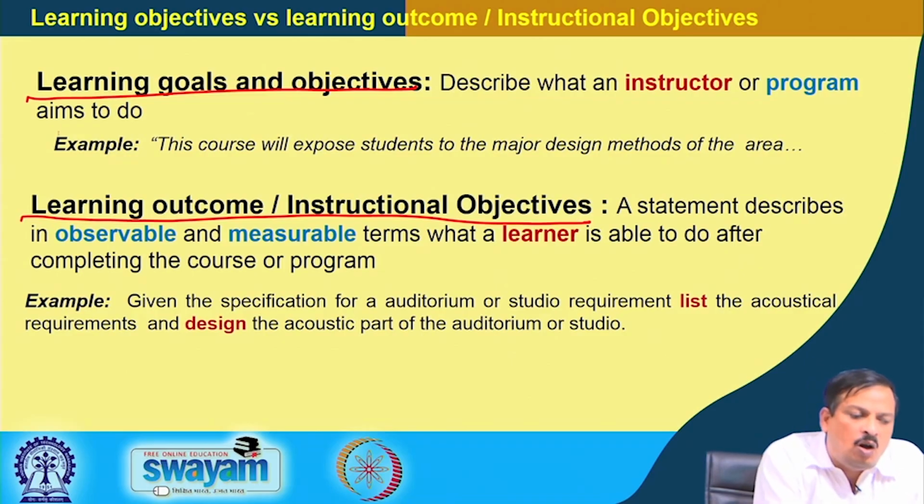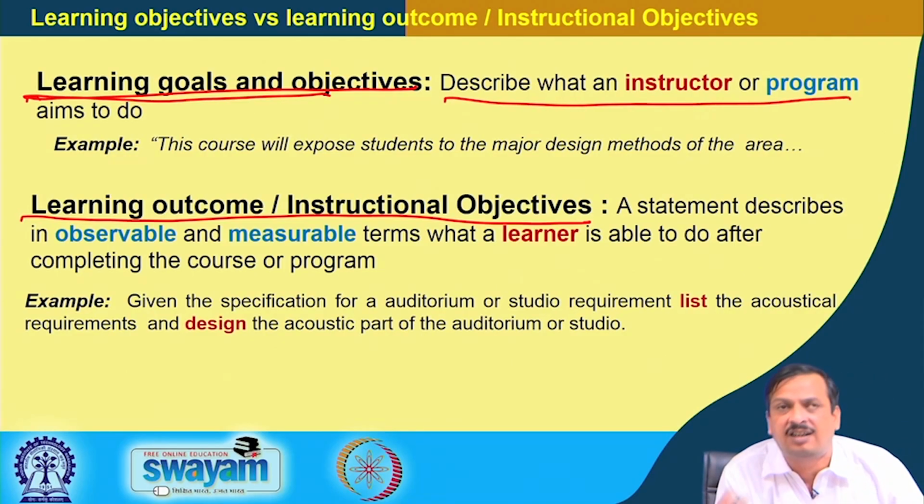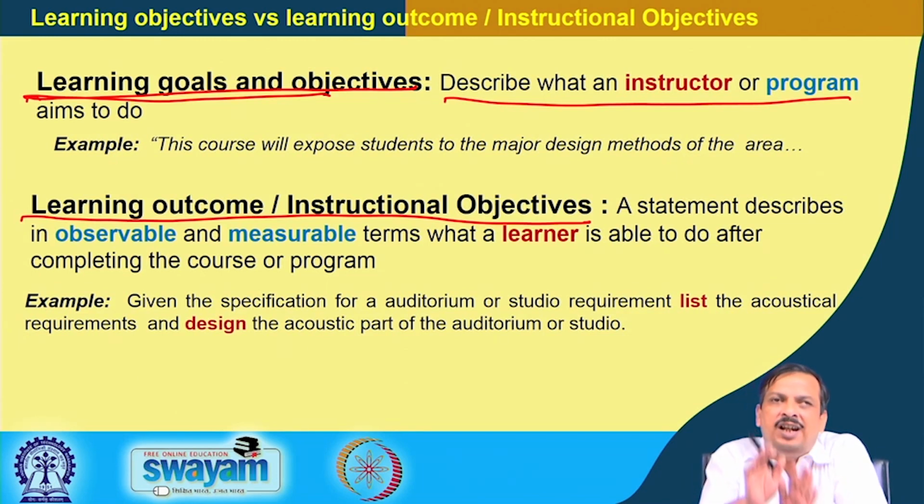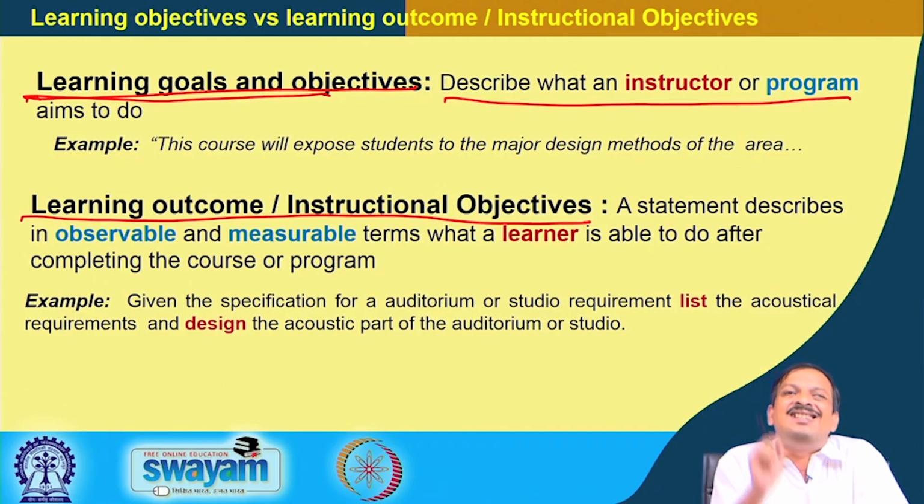Course goal and objective describe what an instructor or program aims to do. When you write a simple course objective, not an instructional objective, it means what an instructor or a program wants to do. So, I can say that is teacher centric.